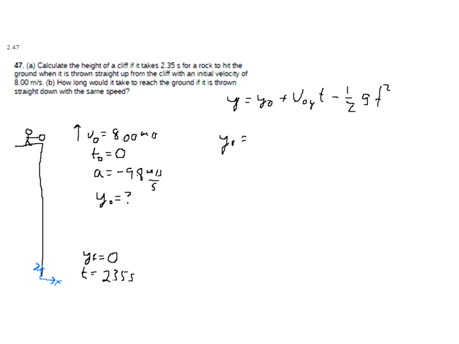So y final is equal, so that means that y initial equals y minus v0y t plus 1/2 gt squared.